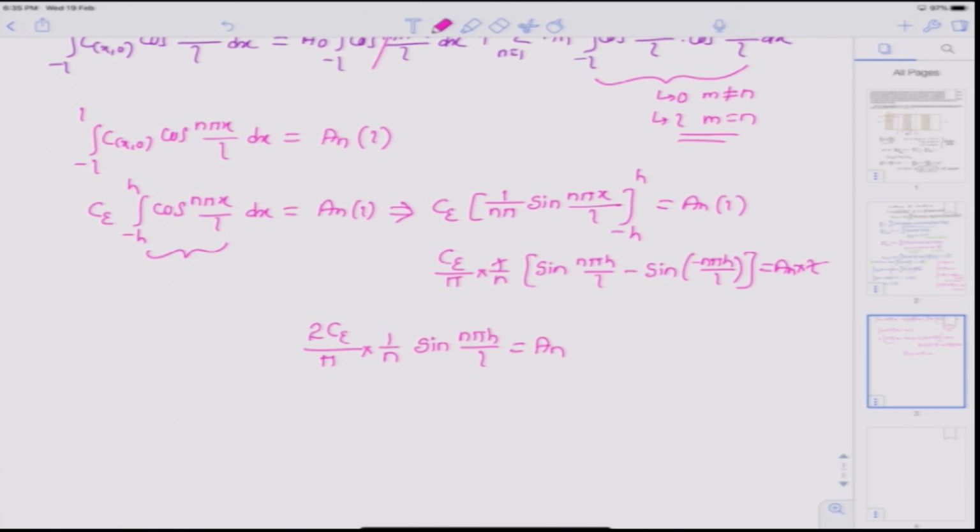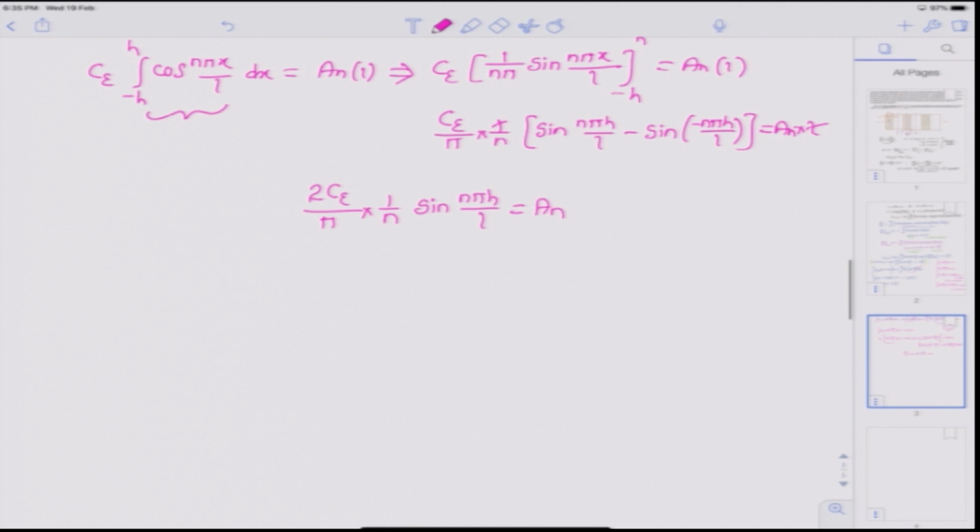So, if we substitute for an and a0, we get the solution for C of x,t in the form of a series.